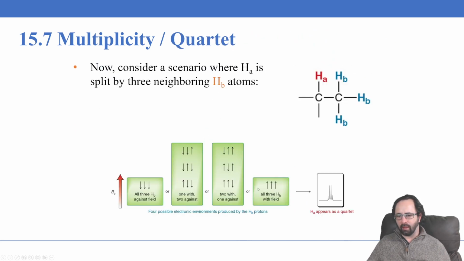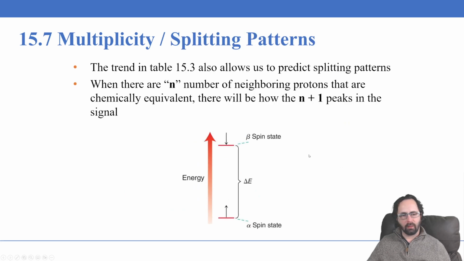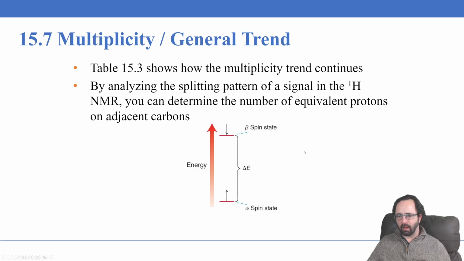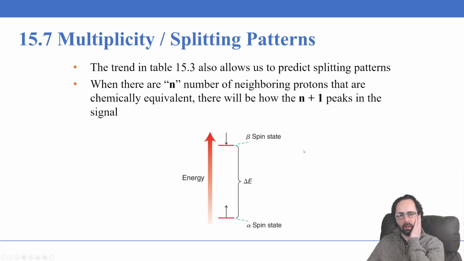It essentially extends this and continues for the quintet, the sextet, the septet, and so forth. 5 peaks is a quintet, 6 peaks is a sextet, 7 peaks is a septet. So the number of peaks that you have is going to be n plus 1, where n is the number of protons that are chemically equivalent on the neighboring carbon atom.